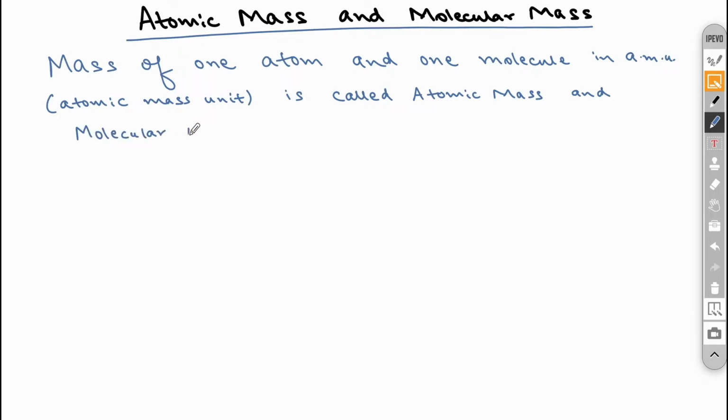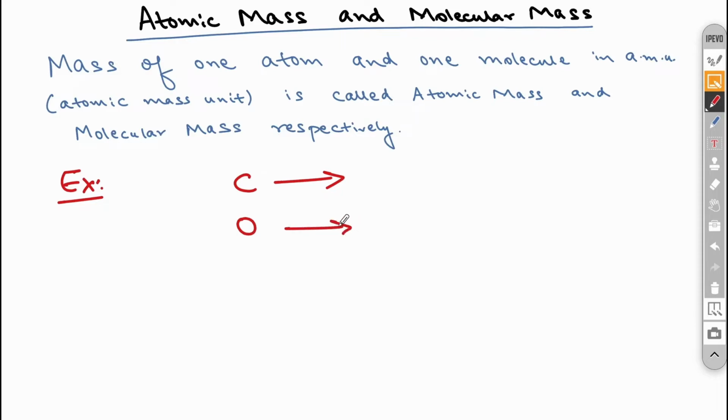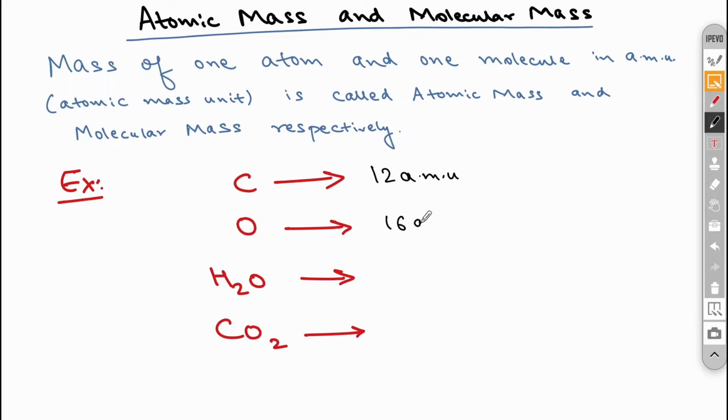Now we'll discuss an example so you better understand this definition. So I'll write an example here. We'll write the atomic mass and molecular mass for carbon, oxygen, water and carbon dioxide. For carbon, the atomic mass will simply be 12 AMU or 12 U. For oxygen, it will be 16 AMU.